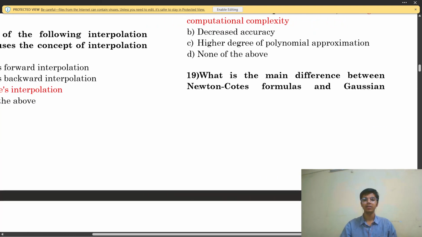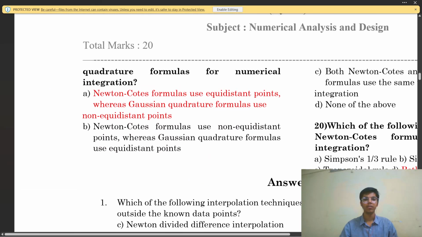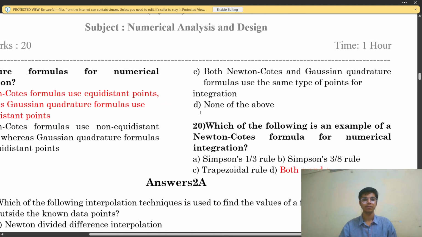Now, 19th question is what is the main difference between Newton's formulas and Gaussian quadrature formulas for numerical integration? So, the correct answer is Newton-Cotes formula use equidistant points, whereas Gaussian quadrature formula use non-equidistant points.